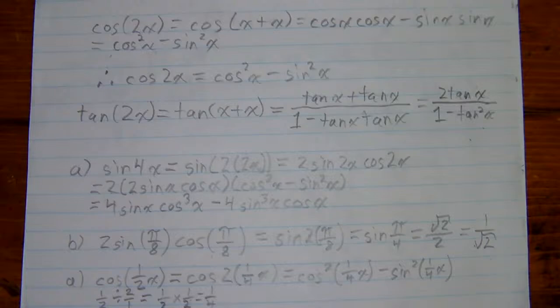There may be situations, and these arise a lot in calculus, where you want to transform something in terms of one fraction of an angle into something in terms of another fraction of an angle. For example, if we found out that x was equal to 4 times theta for some angle theta, then having 1/4 x would be very handy because it would simplify out to theta. So there's some situations where that becomes useful.